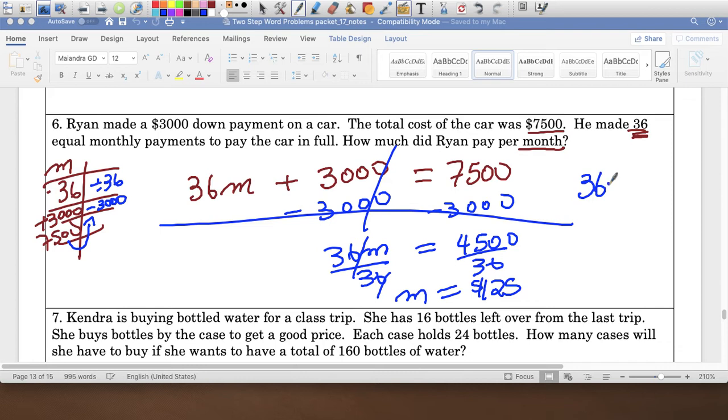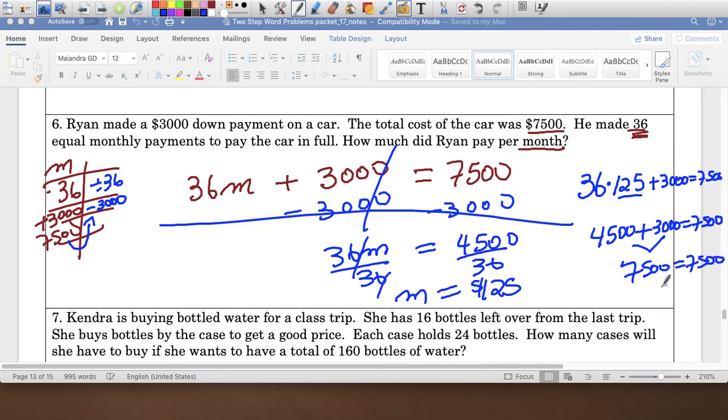So here's my 36, which I'm going to multiply by 125. Add 3,000 equals 7,500, right? So in my original equation, I replaced the M with 125. And that's going to give me 4,500 plus 3,000 equals 7,500. Is this the same thing as the other side? Yes, it is. So we're good.